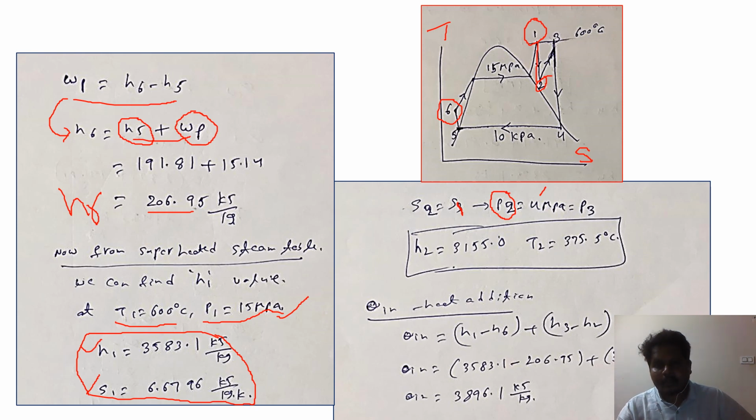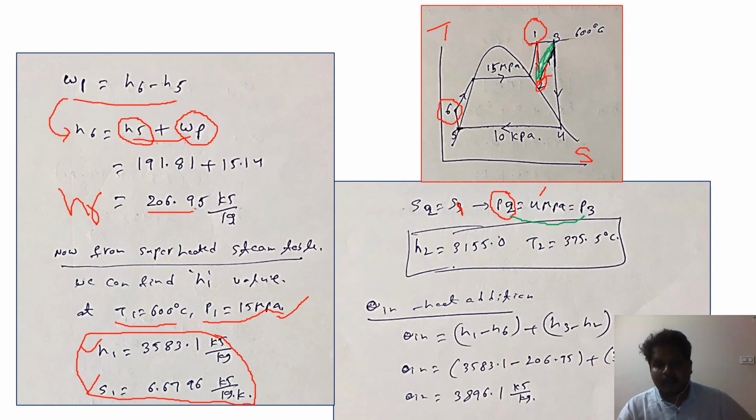The process 2 to 3 is a reheat process at constant pressure. So P2 equals P3.